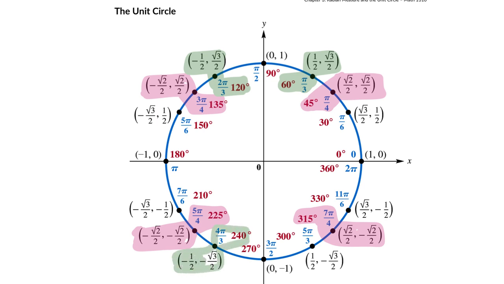I will pause after this and let you finish coloring. And then we use blue for pi over 6 and 30 degrees. So every multiple of pi over 6 that doesn't reduce to another angle, we will color in blue. You get it.